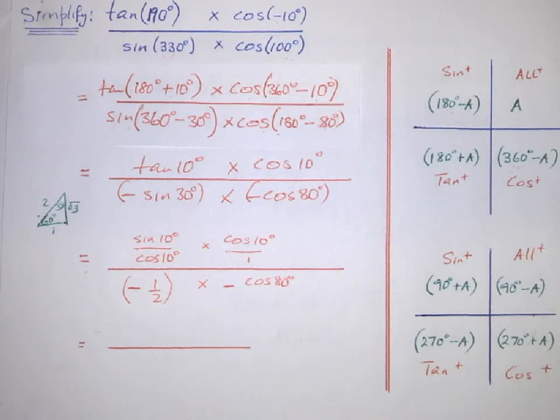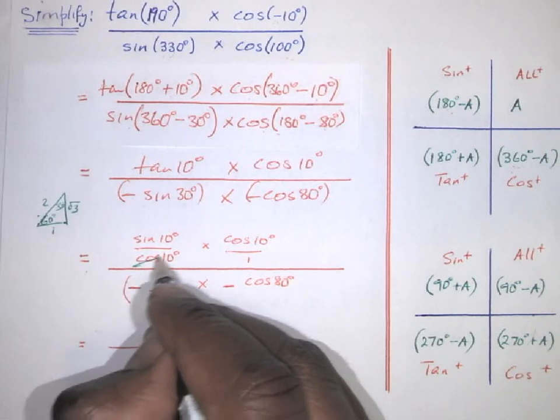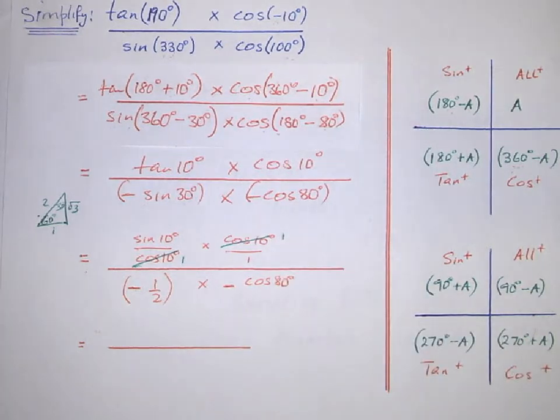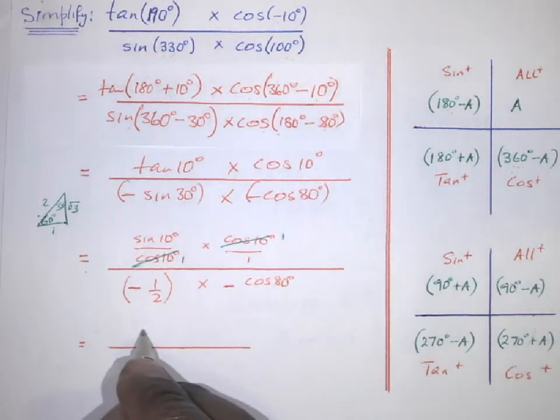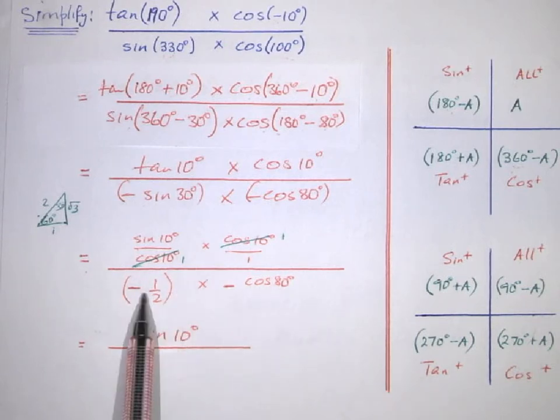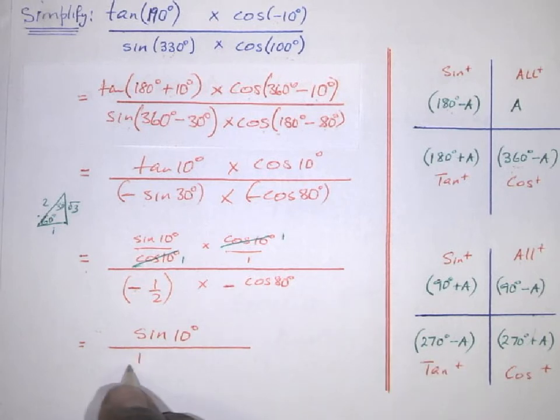Now you can see over there that the cos of 10 degrees cancels the other cos of 10 degrees. Which means that on the numerator I'm left with sine of 10 degrees. And at the bottom I'm left with a negative and negative, which is positive, and then it's half multiplied by cos of 80 degrees.